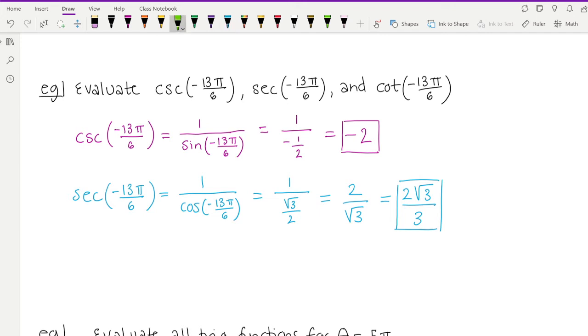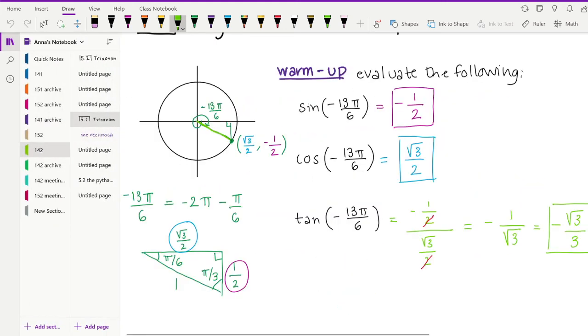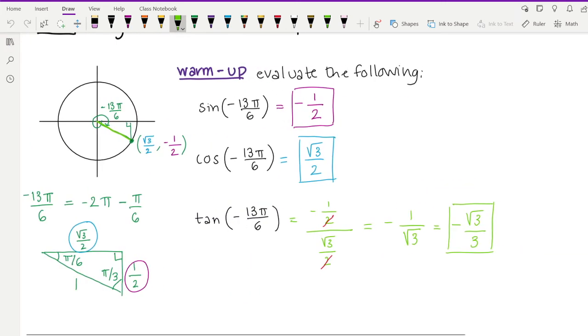Okay, finally we have cotangent. So cotangent of negative 13 pi over 6, that's going to be the reciprocal of tangent. So we're going to do 1 over tangent of negative 13 pi over 6. And so if we remind ourselves what we found for tangent, we found that tangent was negative root 3 over 3.